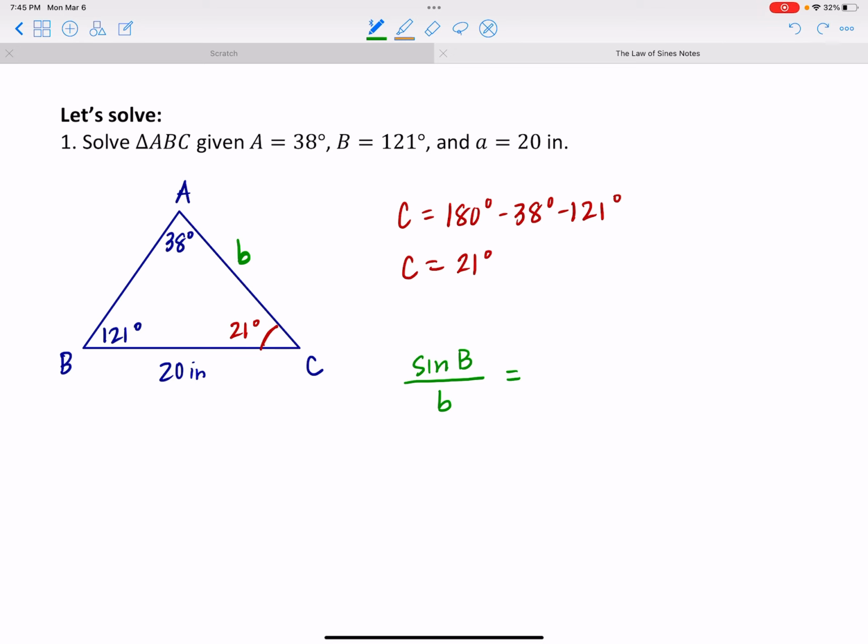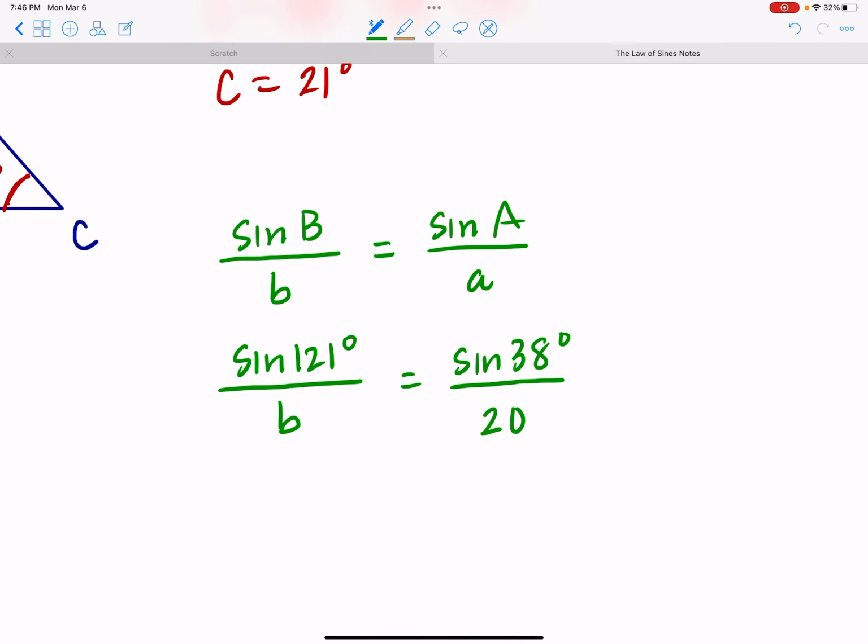So I'm going to use the sine of angle A and its corresponding side A. I have the sine of B, which is 121 degrees, over its side length, which I don't know, so that stays as my variable. That's equal to the sine of A, which is 38 degrees, over the corresponding side length A, which is 20 inches. Now I have everything I need to solve.